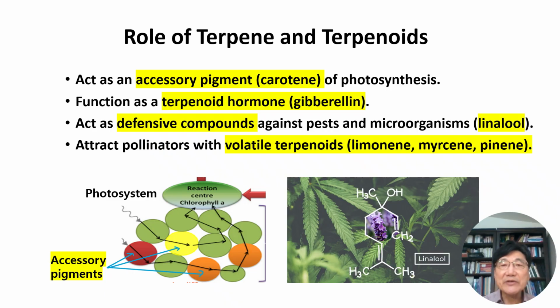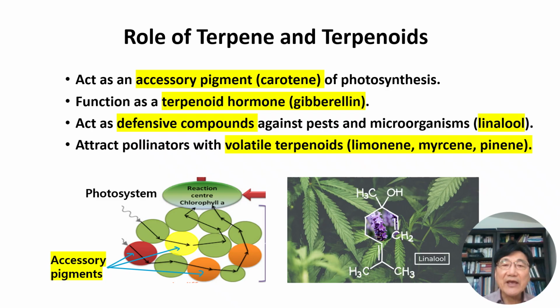Terpenes and terpenoids are organic compounds with diverse roles in nature, including plant defense, attracting pollinators, and regulating plant growth. They also play a role as an accessory pigment of photosynthesis.